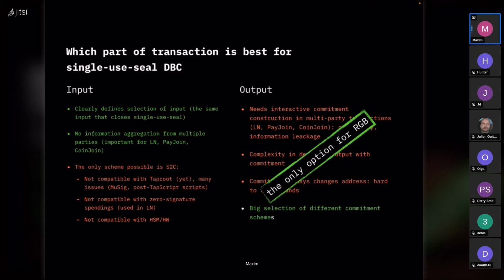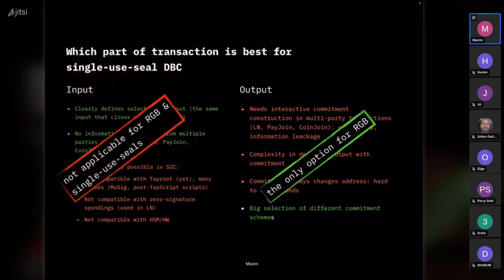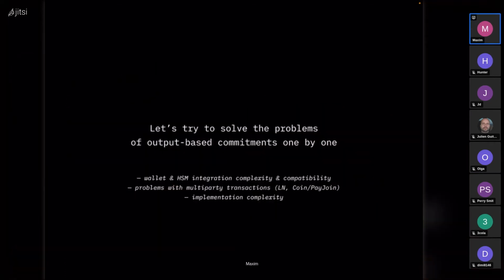And inputs can't be used because sign-to-contract schemes will be ready for usage in a year or more from now. So that's why it's not applicable for RGB and single-use seals as of today. Maybe it will be applicable for other types of deterministic Bitcoin commitments under different protocols, but basically we end up with this story. So what to do? We are again ending on the same page we started from.